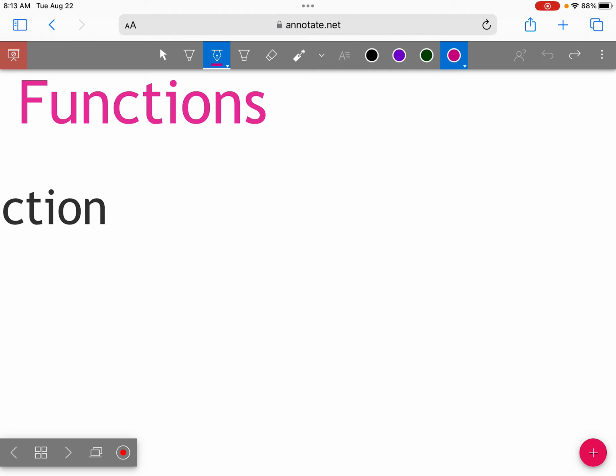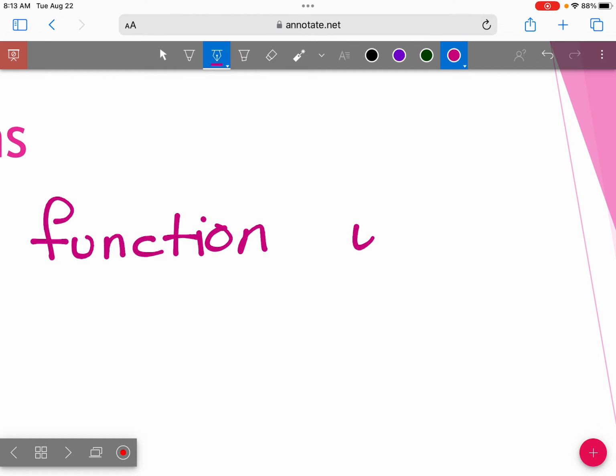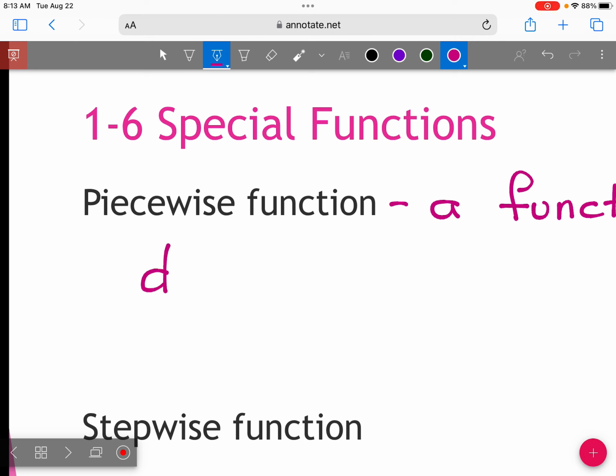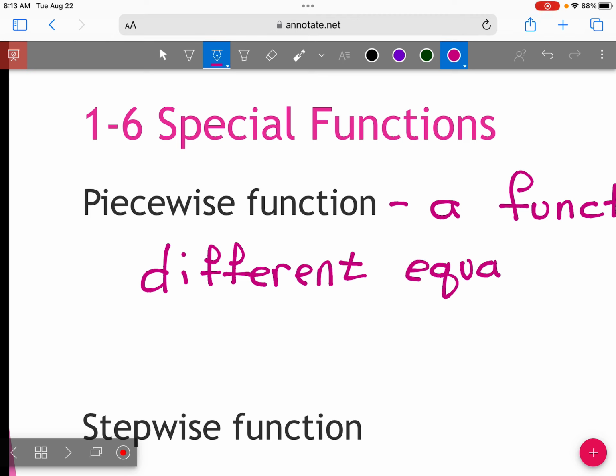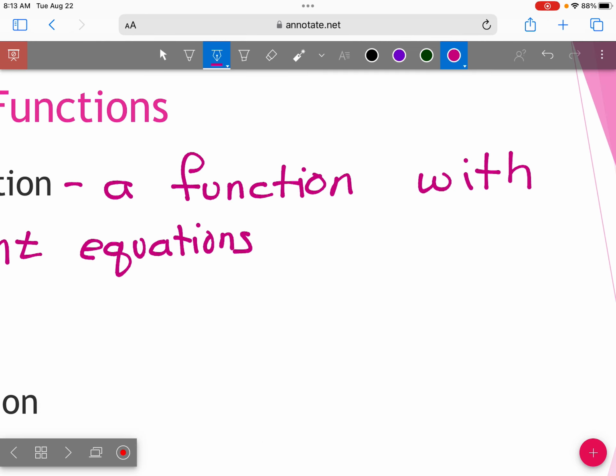A piecewise function is a function, so it's going to pass our function rules, that has different equations over pieces, that would be where the piece comes from, of the domain.